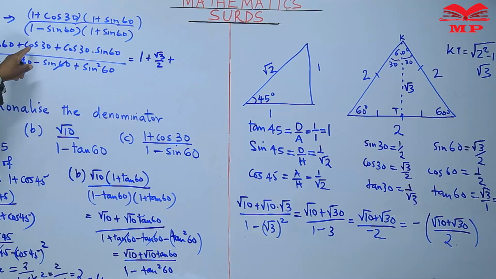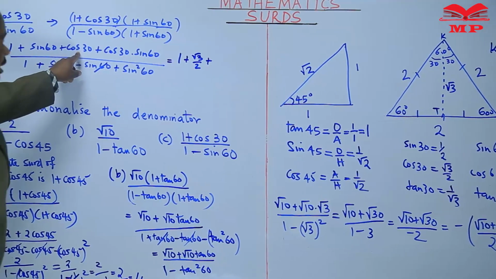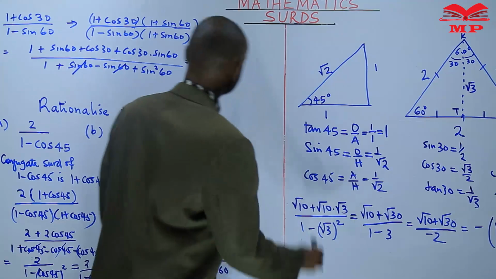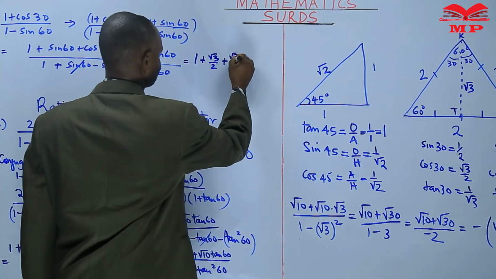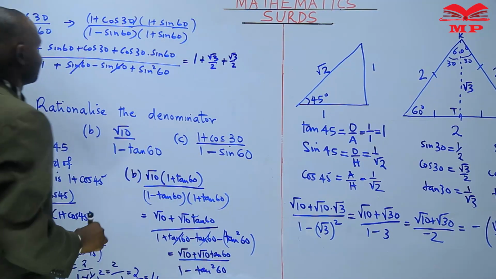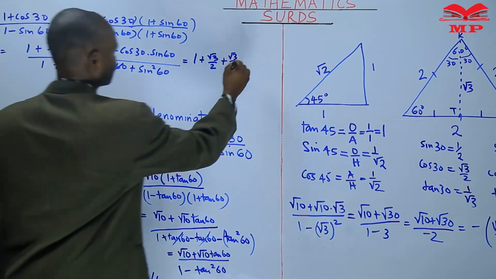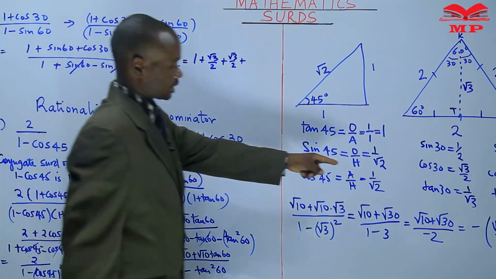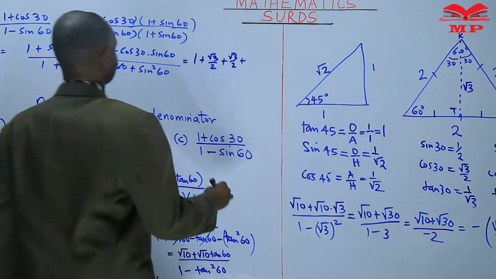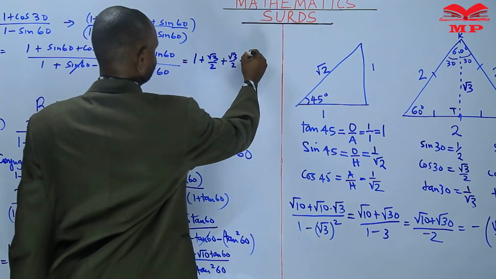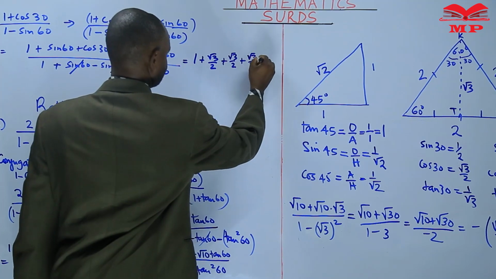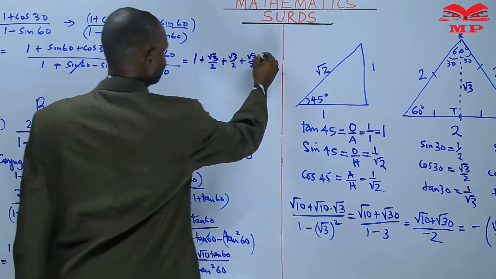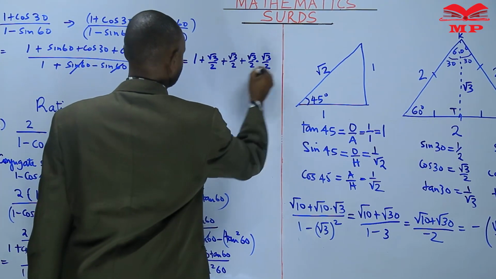Plus, we come here. Cosine of 30 is square root of 3 over 2. Then plus, what is the cosine of 30? Cosine of 30 is square root of 3 over 2 times the sine of 60, square root of 3 over 2.